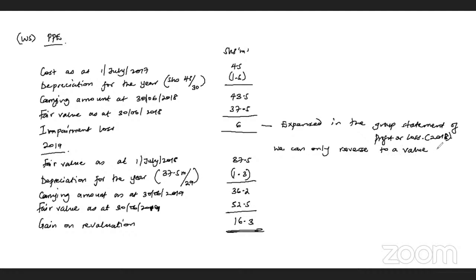a value that the asset would have had if we had not impaired it in the first place.